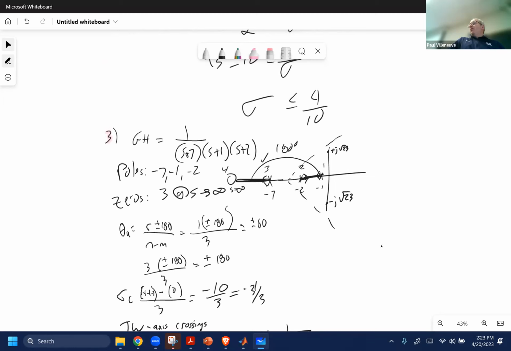Which point of those two is the valid one? Remember, it has to leave the real axis at that point, so you have to have root loci. So looking at the real axis, where is the real locus? Is minus 1.48 a place on the real axis where you have root loci? Yes.